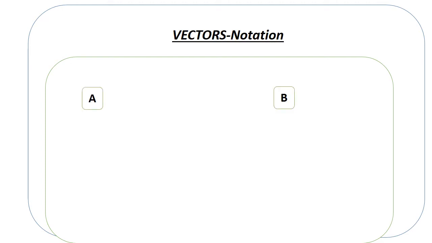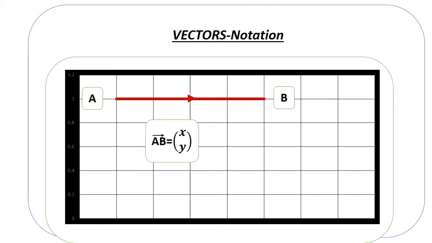So, more on vector notation. Let's say this vector AB is on a graph. We usually represent vectors by X, Y, where X is the number of units or boxes it has covered on the X-axis, and Y is the number of boxes it has covered on the Y-axis.